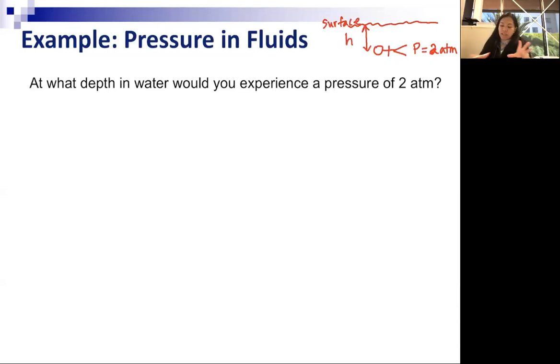So that's the visualization of the question. The total pressure, or the absolute pressure, is 2 atmospheres at the position where this person is. We're being asked how deep the person is from the surface of the water to feel 2 atmospheres of pressure.